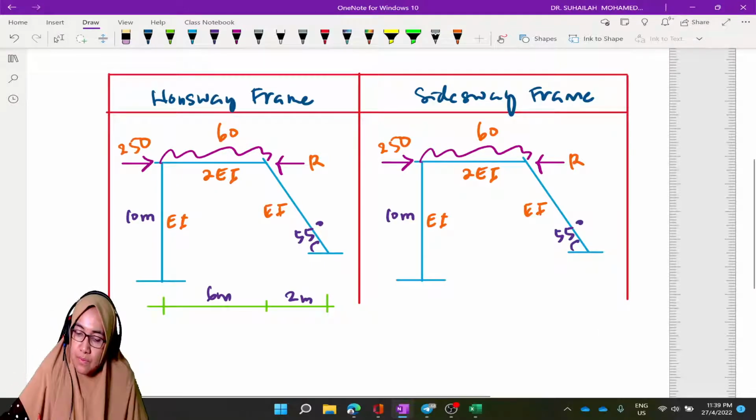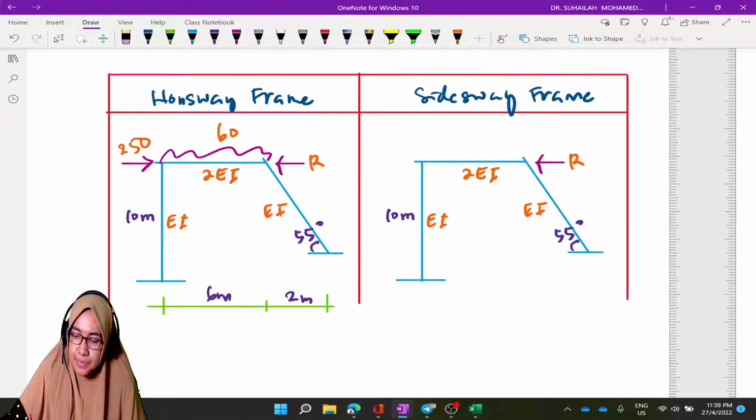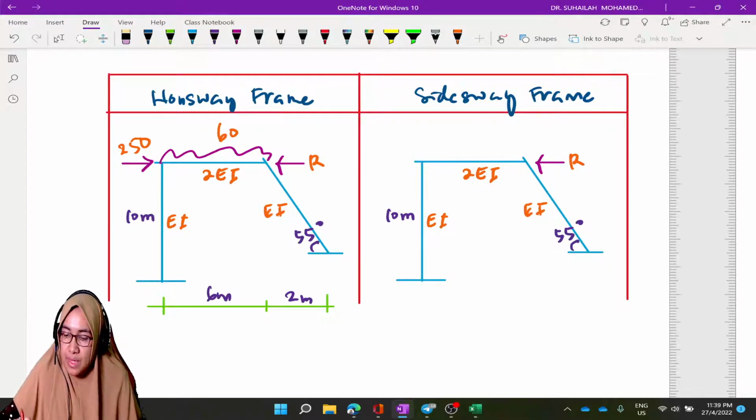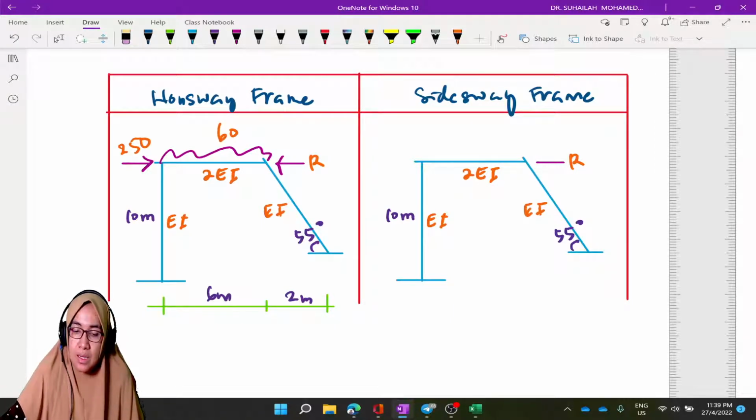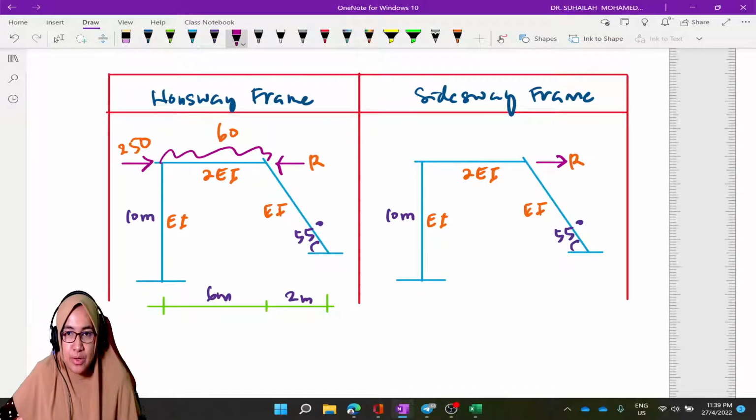for Sidesway frame, we have to remove the loading, and R is applied in the other way direction.